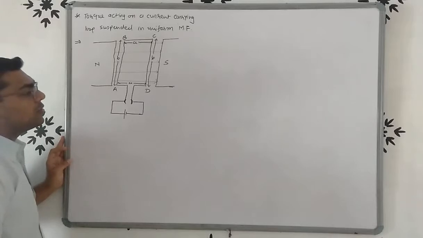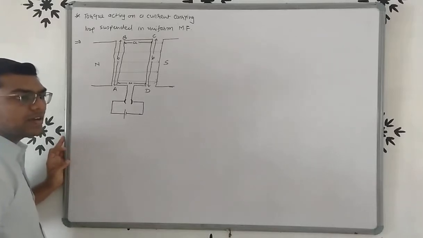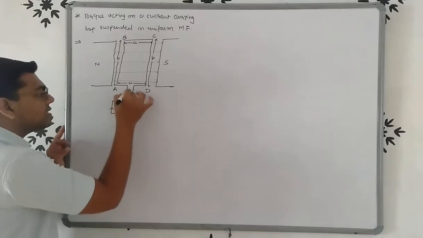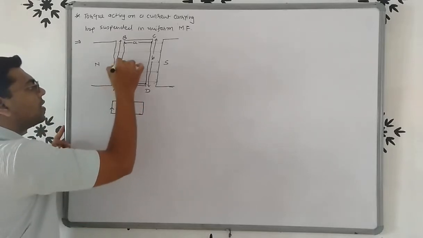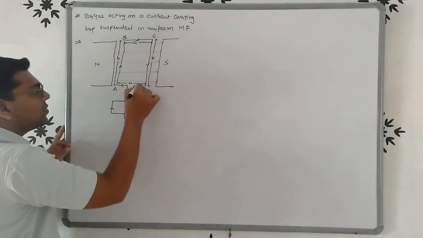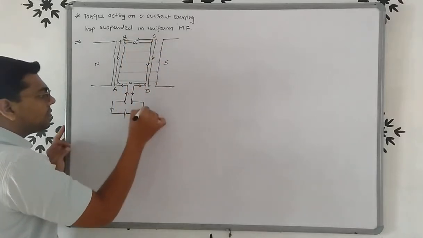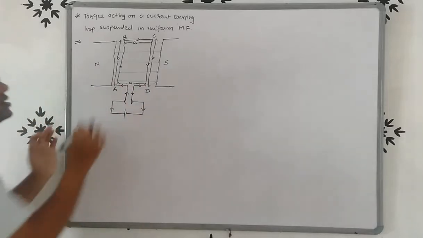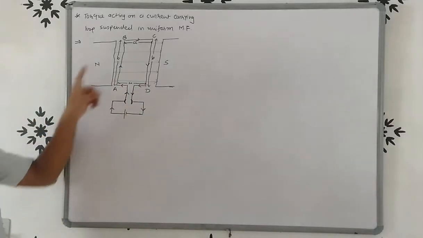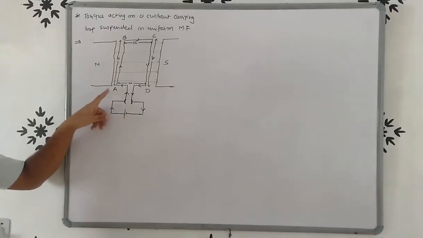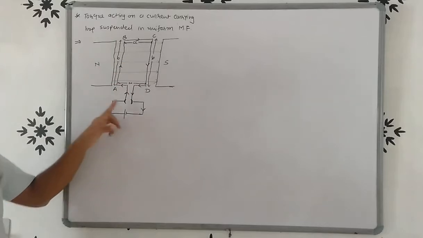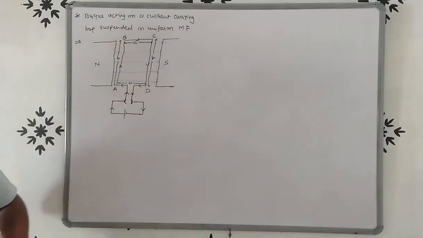Now we already know the direction of current: it will be from positive to negative. So from positive, like this, to negative, like this. The current flows through loop A, B, C, D, and after passing through the battery, once again A, B, C, D.